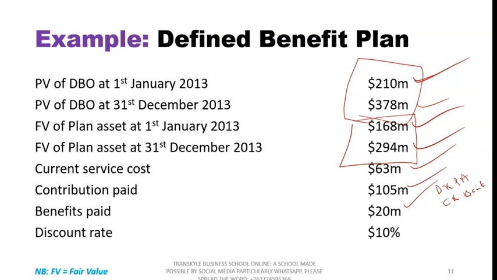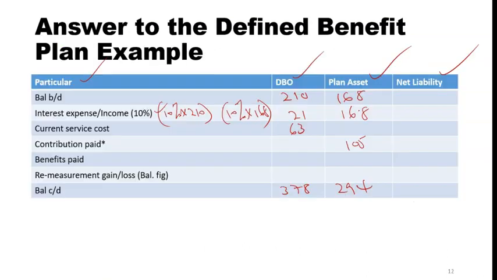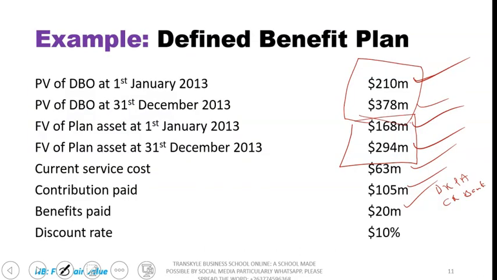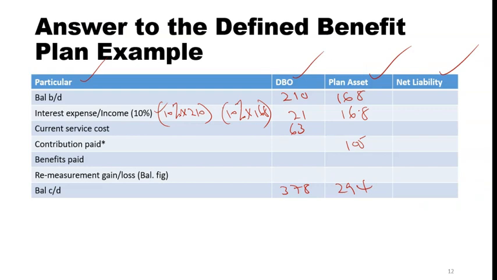Okay, because benefits are paid from the plan assets. So obviously the money leaves the plan asset, so we're going to reduce the plan asset, but at the same time we have reduced the defined benefit obligation. So the benefit paid was how much? 20 million. So we are going to have a negative 20 and a negative 20.